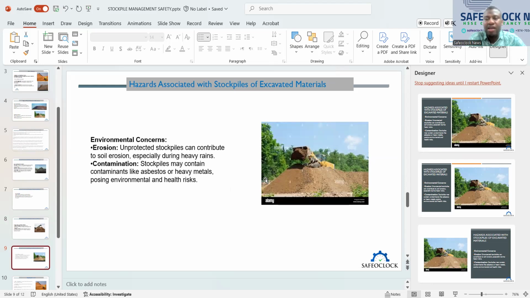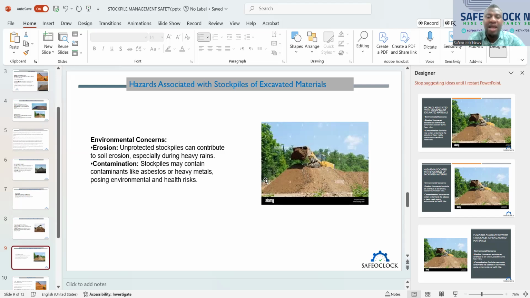When you take it and transfer it to another location, it is an environmental concern, in the sense that most of those aggregates or excavated materials might contain non-environmentally friendly materials that will be transported to that location. In the process, we are contaminating the ground and also the water bodies, because some of these things will be washed down during rainfall or flooding and taken to another location.